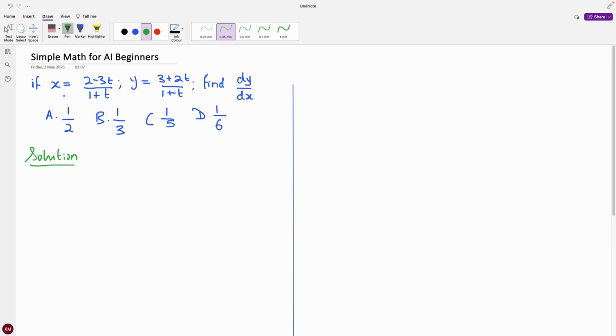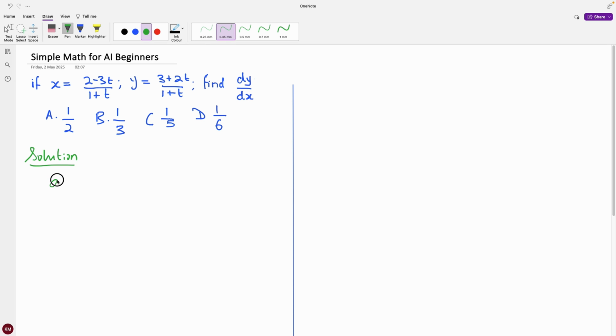Okay, so if you look at this, we have a relationship between x and t, and we also have a relationship between y and t, but we don't have any relationship between y and x. So what it means is that if we find dx by dt, and we have also dy by dt, we can actually invert these items.